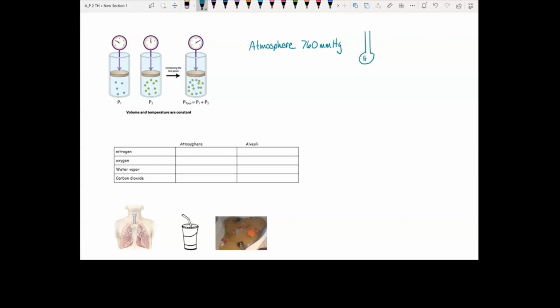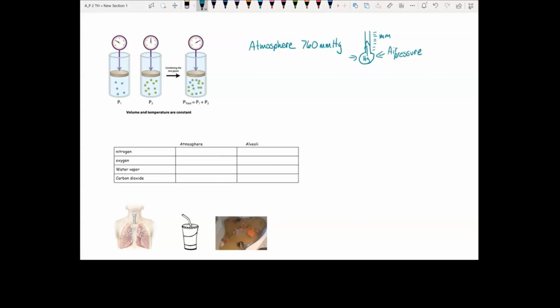There's mercury, Hg stands for mercury, and air pressure pushes on the bulb. This makes the mercury rise up in the tube, and then you just use a ruler and you measure how many millimeters it goes up. So the higher the air pressure, the further it pushes the mercury up that tube. So 760 is just an average.